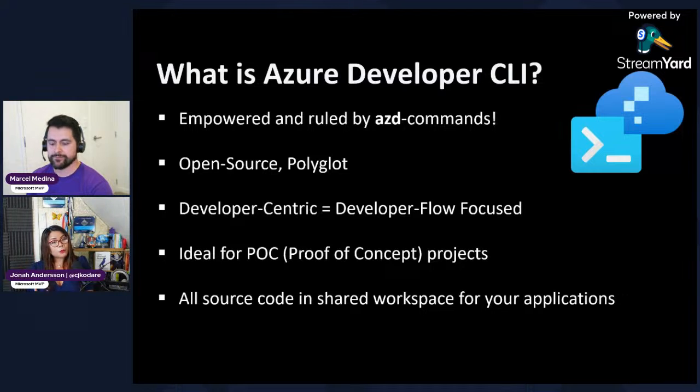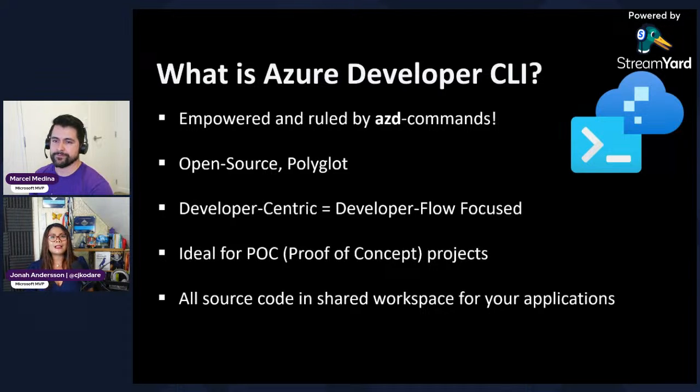It is powered by AZD commands, which are easy to remember. I think there are about 4 or 5 of them. It's open source, meaning it is open to the public, to developers to contribute, and it's also polyglot, meaning it supports .NET, Java, Python, and other languages as well.